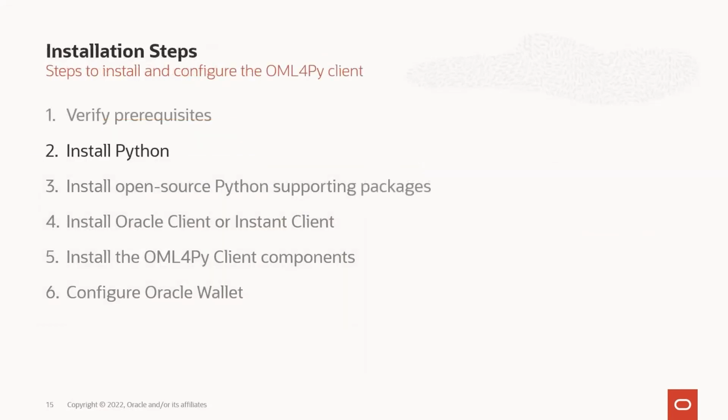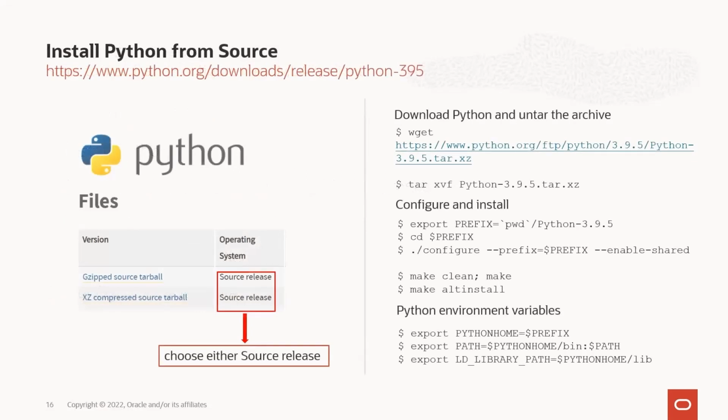Okay, the second step is to install Python from source. You can go to the Python website, the downloads release for Python 3.9.5, and you can use either of these source tarballs. There's a tarball and a compressed tarball, and either source release works.